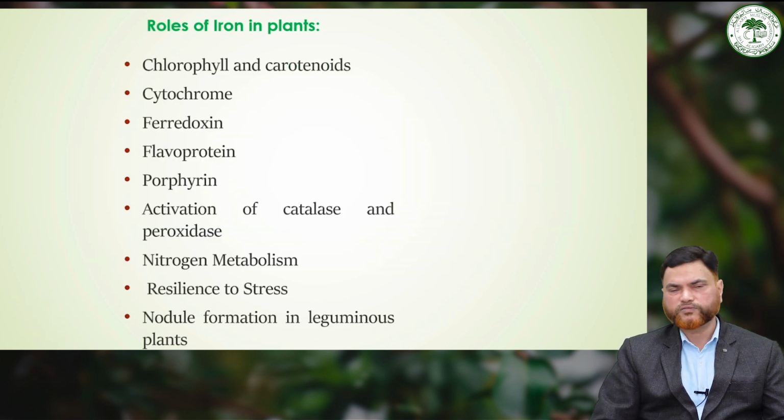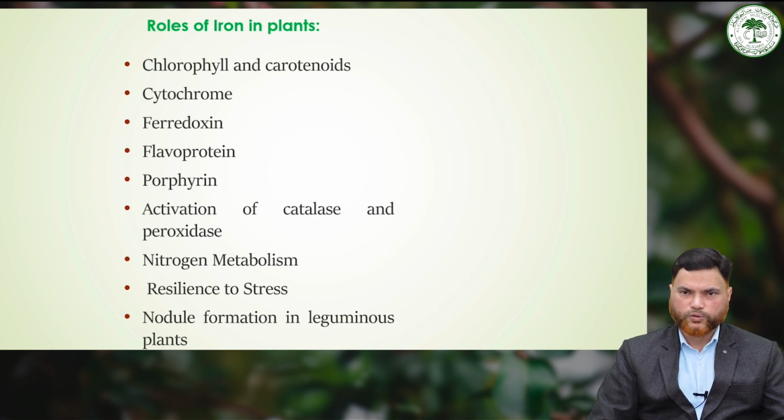Now, what are the specific roles of iron in plants? Generally iron is required in larger amounts as compared to other micronutrients, and it is an essential element for the synthesis of chlorophyll and carotenoids.